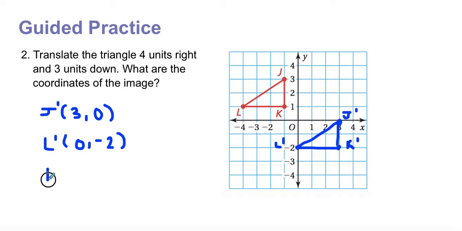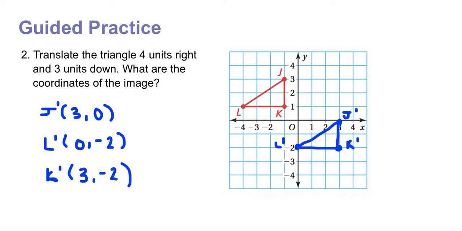And the image of point K is at 3, -2. And you want to make sure you're paying attention to your points, because even though the letter K is off to the side, we're focusing on where that point is.